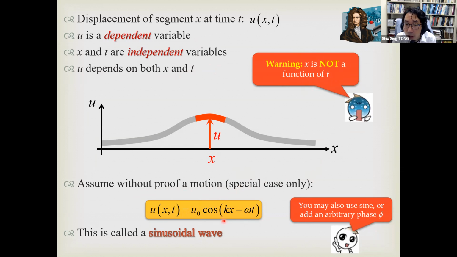Now look at this formula. This is called a sinusoidal wave because it takes the form of a sine or cosine function. Of course, in general, you may add a constant phase phi, but for simplicity, we omit this at the beginning.